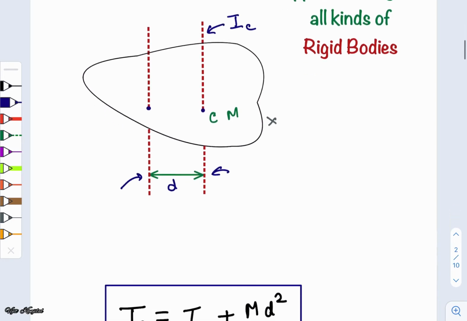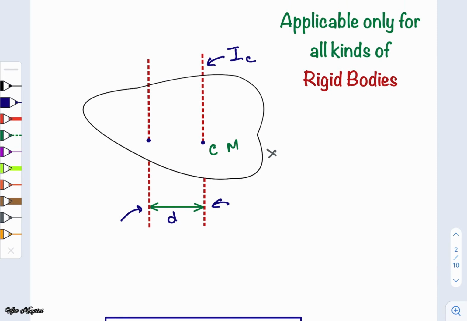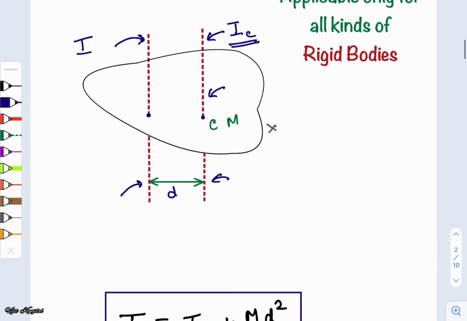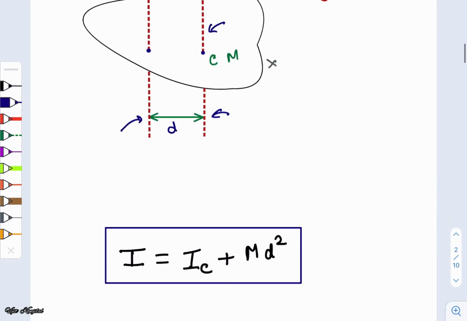So, according to the parallel axis theorem, if the moment of inertia of this rigid body with respect to the axis passing through the center of mass is IC, and the moment of inertia with respect to this axis is I, then I and IC can be related by this relation. How do we obtain I from IC?